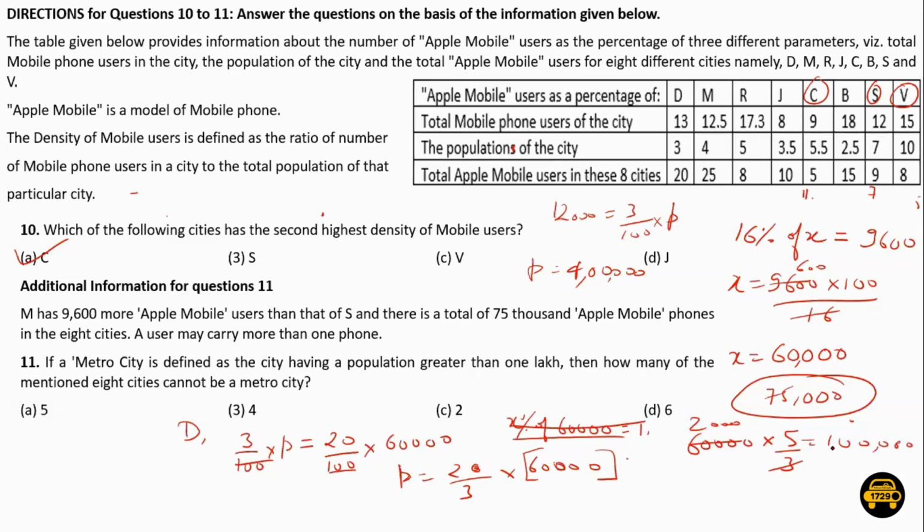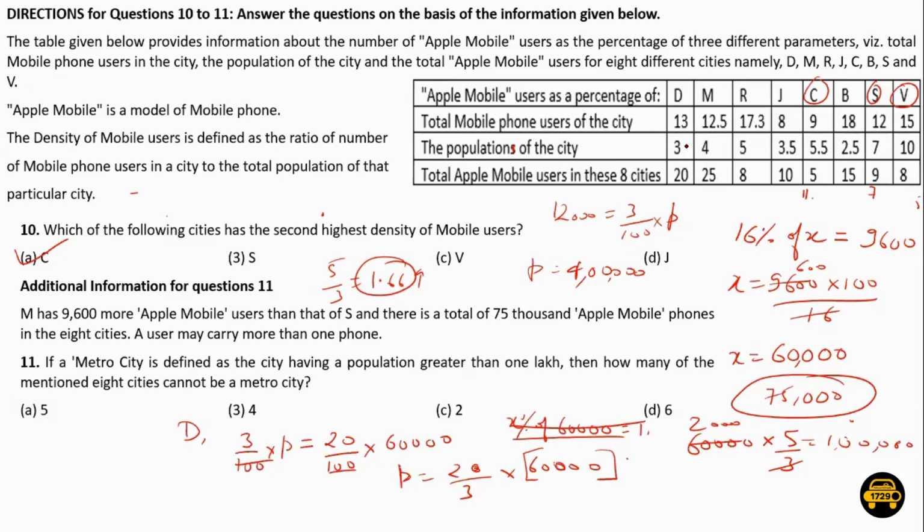So this ratio, in this case 20 by 3, in this case 25 by 4, if it is greater than 5 by 3 or 1.66, then the population will be more than 1 lakh, or else it will be lesser than or equal to 1 lakh. If it is exactly equal to this, the population will be 1 lakh. Otherwise, if the ratio is greater than 1.66, the population will be greater than 1 lakh.